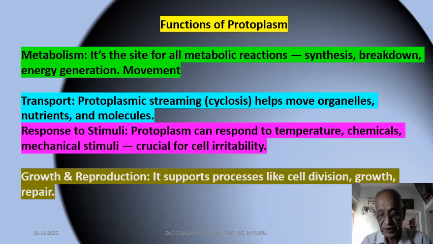Protoplasm may not function if some chemical is given which is against the nature of a material that can sustain life. For example, if poison is added to a living cell, it dies because the cellular material cannot digest it. Growth and reproduction: it supports processes like cell division, growth, and repair. So all these functions are related to the living material called protoplasm.